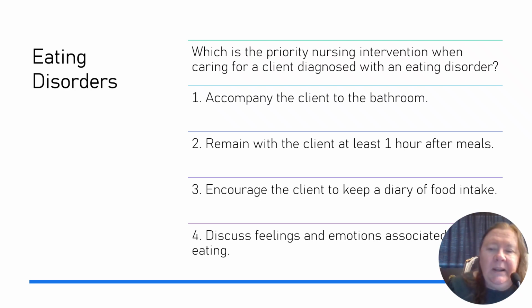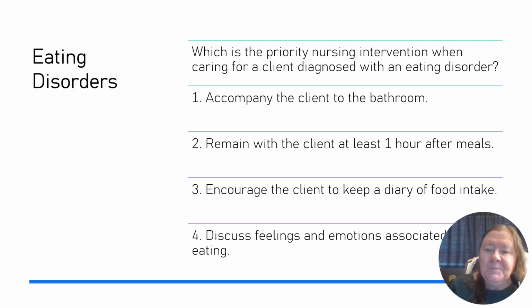Okay, let's come back and talk about this last question. Which is the priority nursing intervention when caring for a client diagnosed with an eating disorder? The correct answer is number 2. I talked about this in my lecture about eating disorders. These are called meal observations, remaining with the client at least 1 hour after meals.